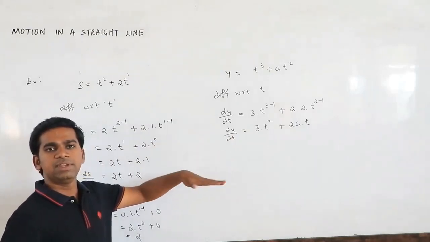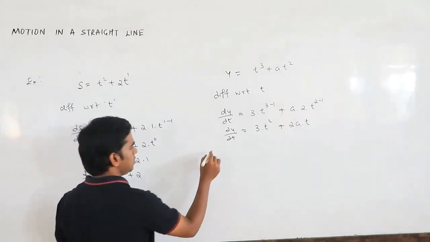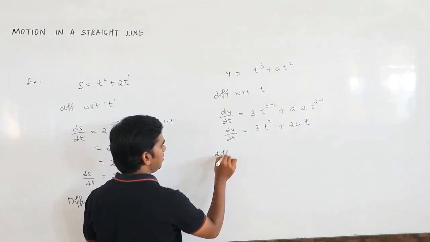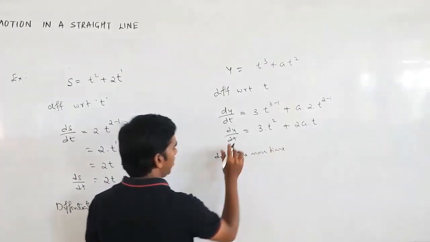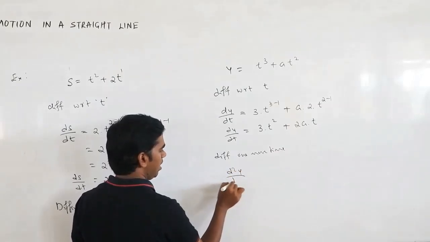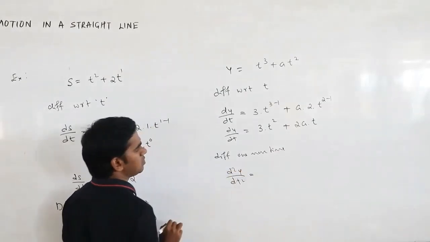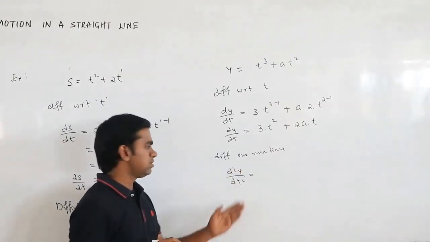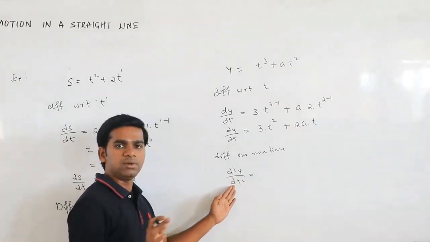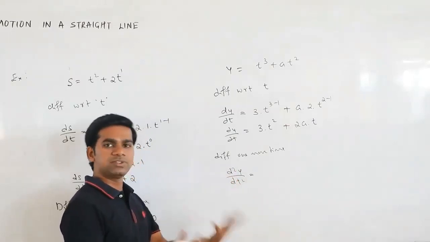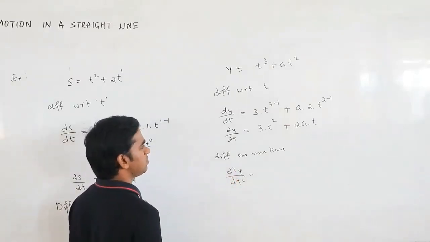If you want to differentiate one more time, so second differentiation, it will become d square y by dt square equals, don't think that sir is writing wrong here. It is d square y by dt square only. This is the process of differentiation.